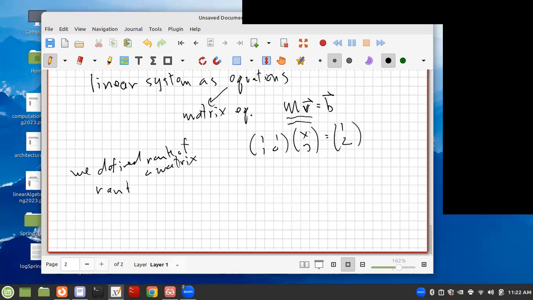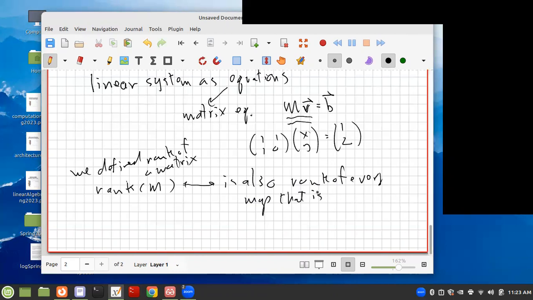The rank of M is also the rank of every map that it represents. Okay, so we have to deal with this more.